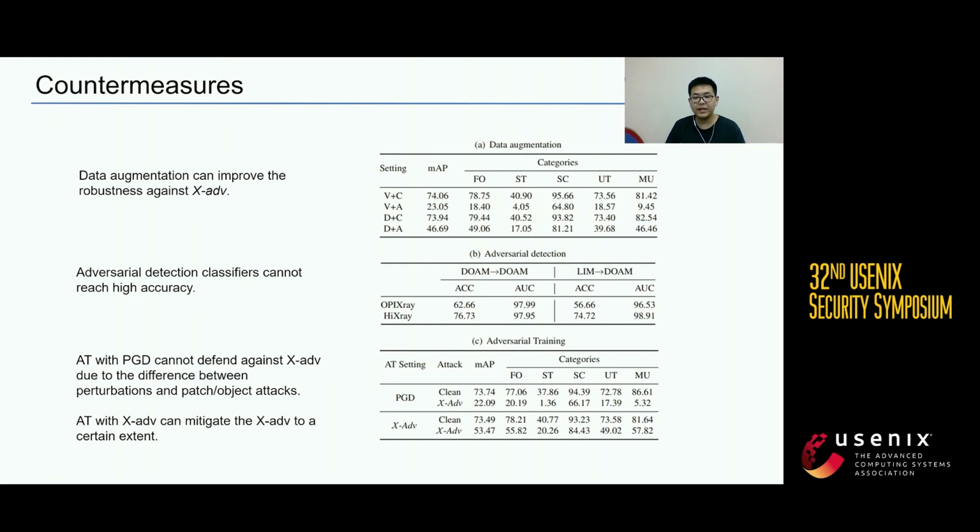We build a binary classifier to distinguish the benign examples and the adversarial examples, while it cannot reach a high accuracy. Adversarial training is the most widely used defense method, while the PGD adversarial training cannot defend against X-Adv due to the difference between perturbations and patch attacks. Adversarial training with X-Adv could mitigate the attack to a certain extent.